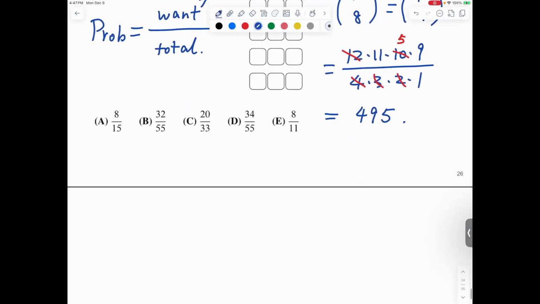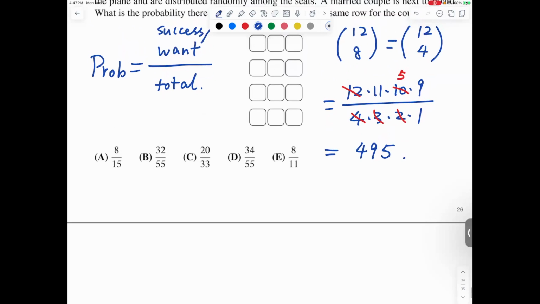Now, how many ways will we have if we need two seats next to each other in the same row? Let's see the numerator. There are different situations. First of all, maybe we have two empty seats next to each other, and another two empty seats, they are not next to any empty seats. So there are two possibilities.